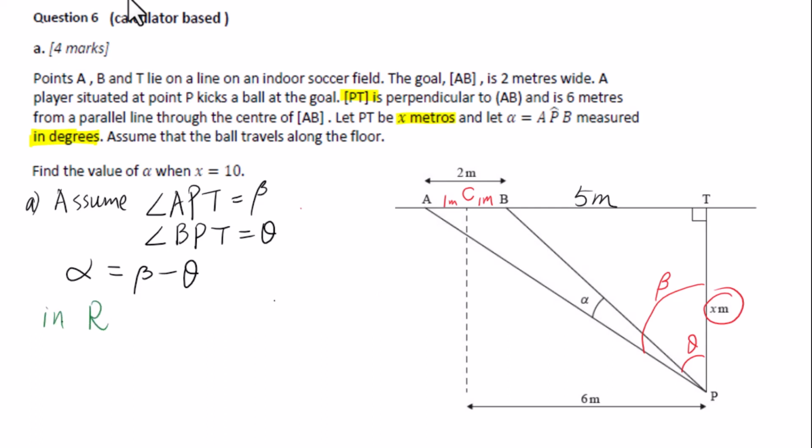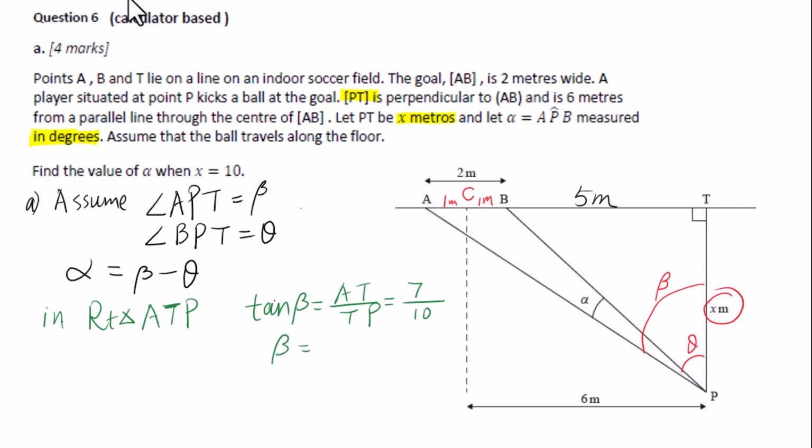In right triangle ATP, tangent beta equals AT over TP. That equals AT is 7 over x equals 10.